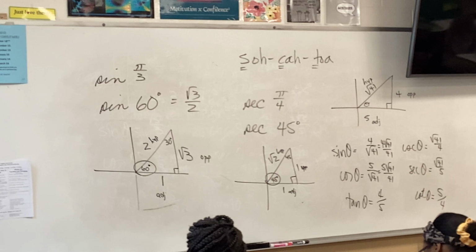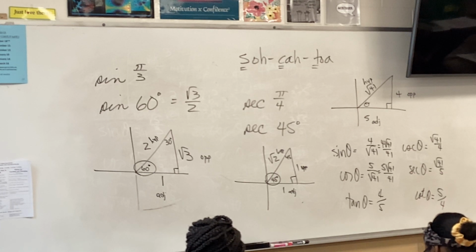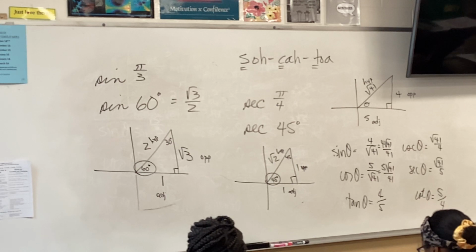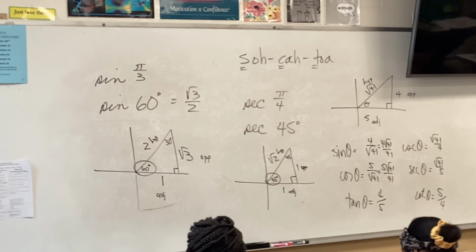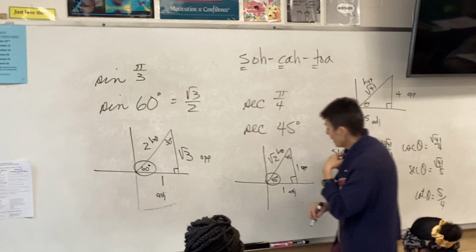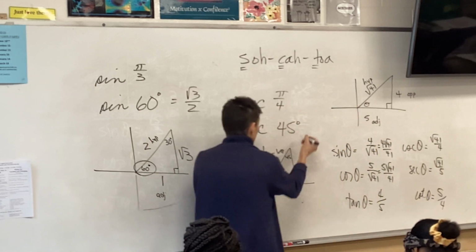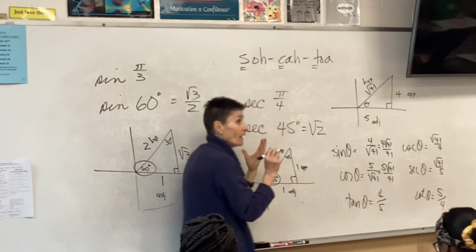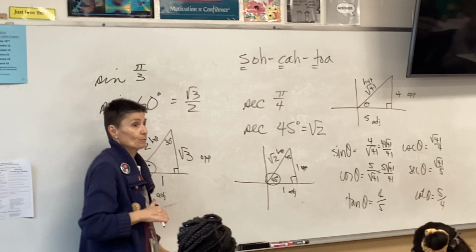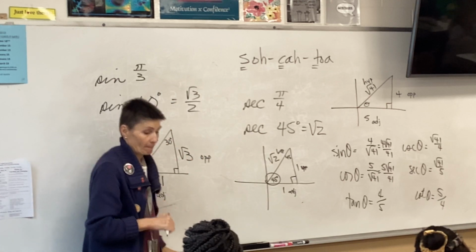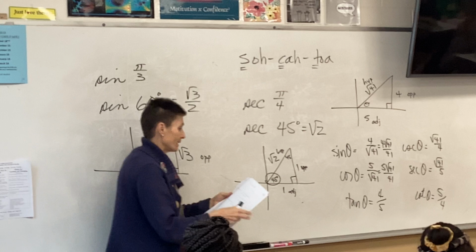So if cosine is adjacent over hypotenuse, then secant will be hypotenuse over adjacent. So hypotenuse over adjacent, root 2 over 1, or just root 2. Oh man, I love math.